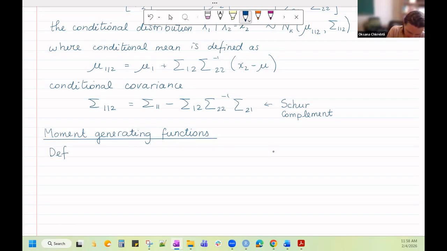So here's the definition. First, let X be a k-dimensional multivariate normal random variable with mean mu and variance sigma.